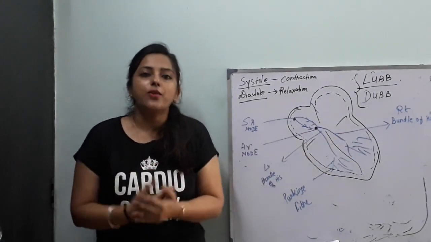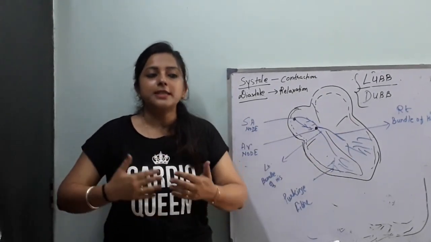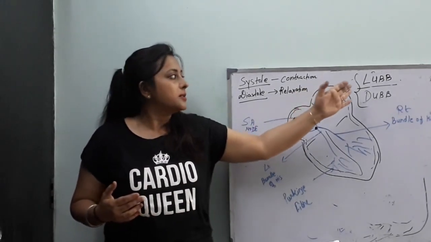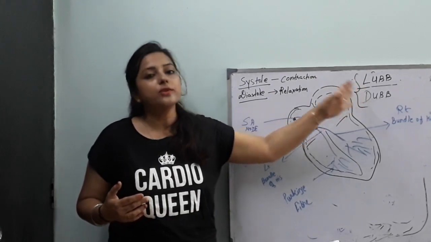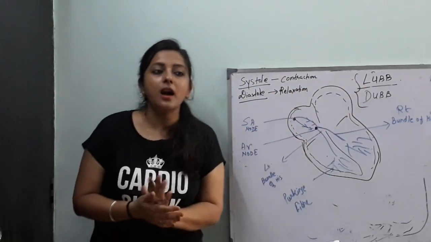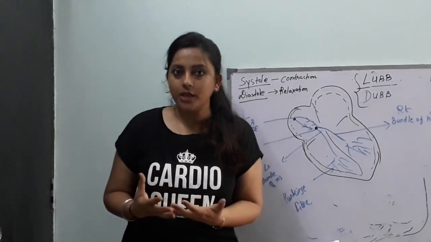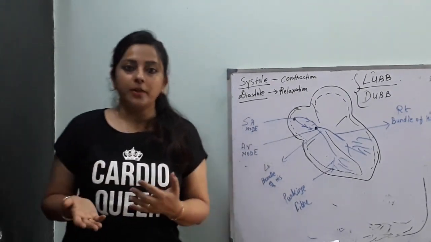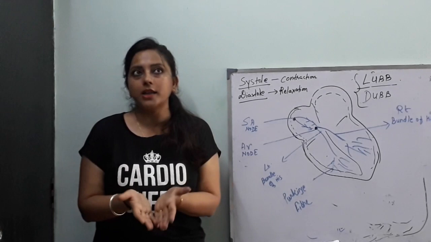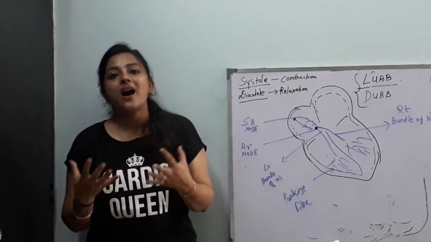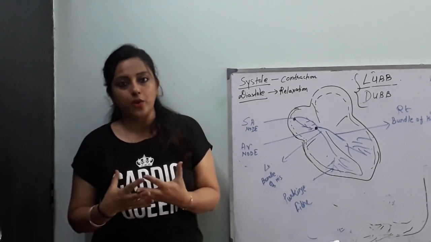The sound, lub dub, is produced in two phases. This is the function of our heart: how our heart pumps blood into the different parts of our body, how the heart produces its own impulse, and how the heartbeat is produced in our body.